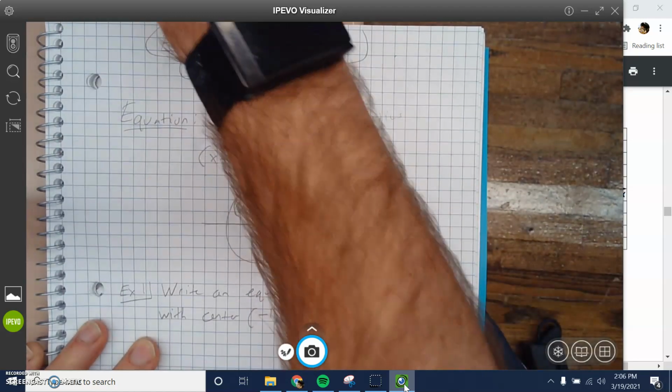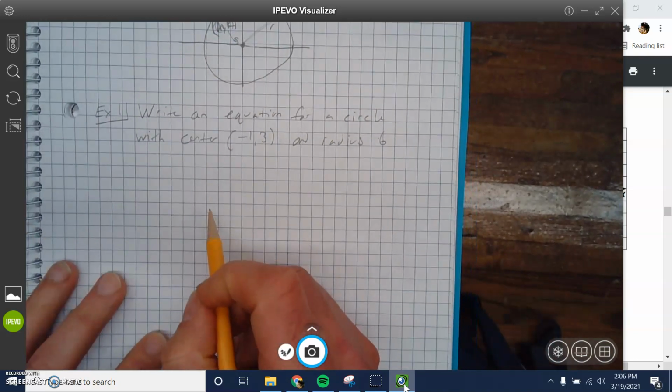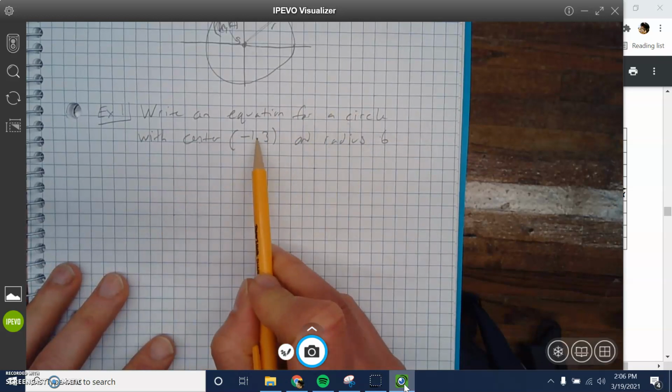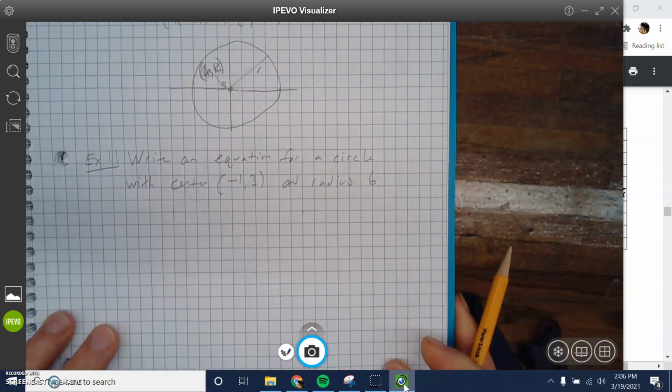Okay, so what sort of stuff are we going to do with this? Well, here's example 1. Write an equation for a circle with center -1, 3 and radius 6. Okay, write that down.